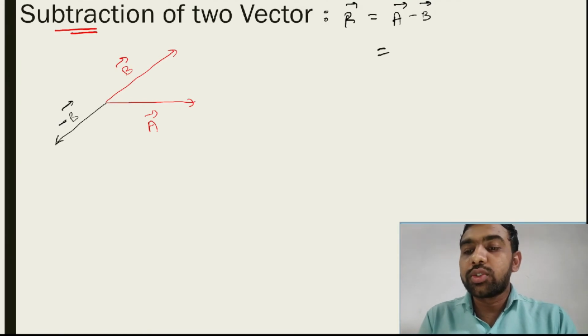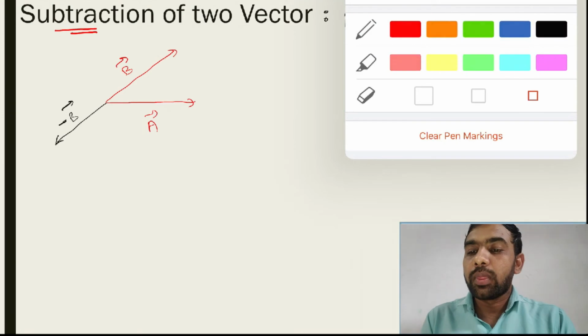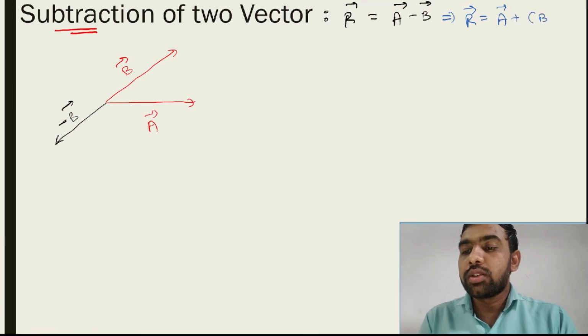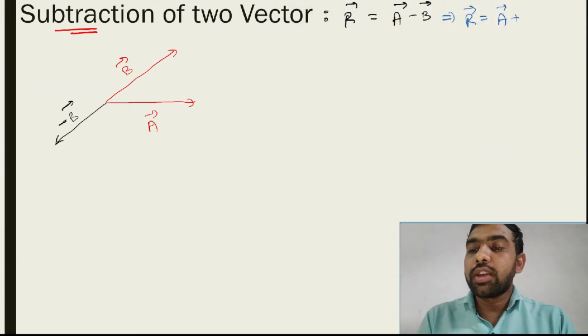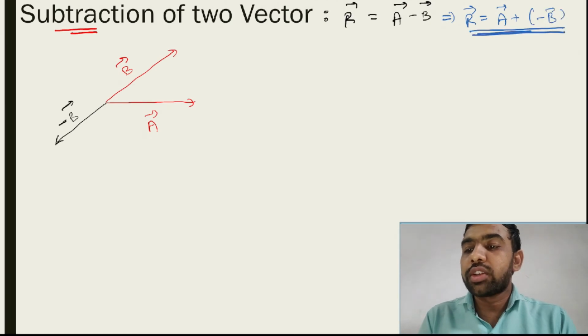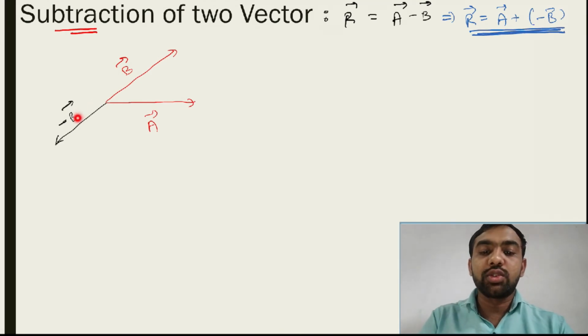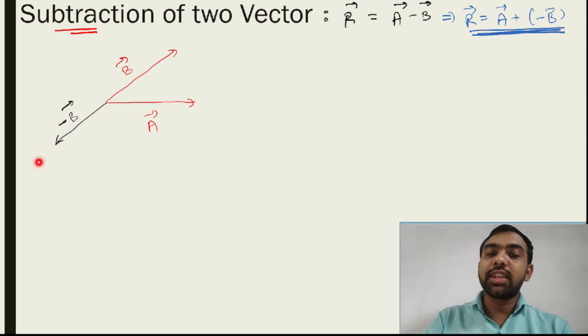It is also written in this form: R is equal to A plus minus B. Subtraction of any two vectors means the summation of A and minus B. So you arrange this summation of these two vectors, A and minus B. If B is in this direction, then minus B is in the opposite direction.